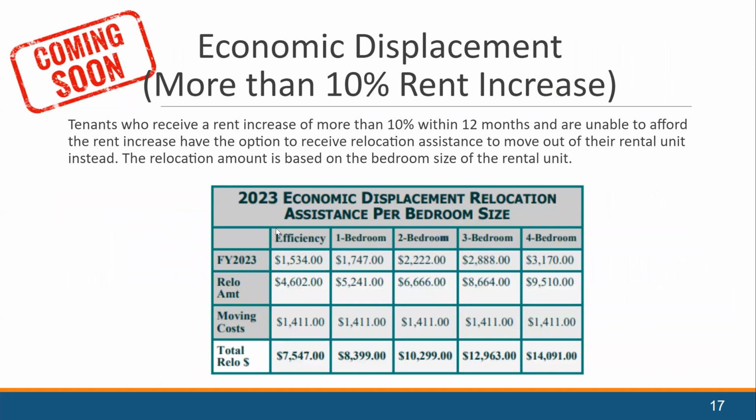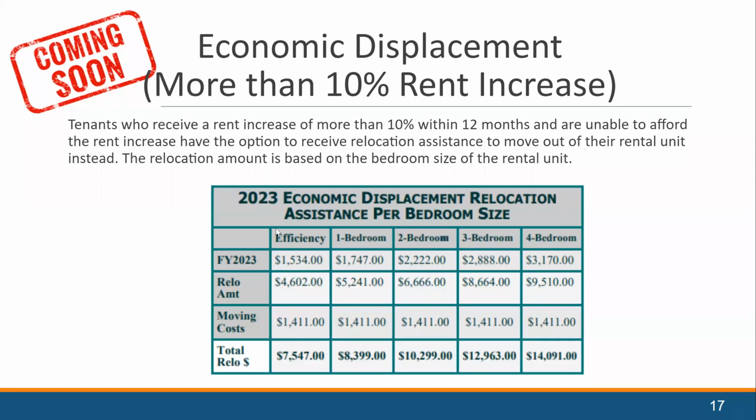There are future laws that are anticipated to become effective by the end of March of 2023. The first upcoming law is referred to as the economic displacement, which is when there is more than a 10% rent increase within a 12-month period.